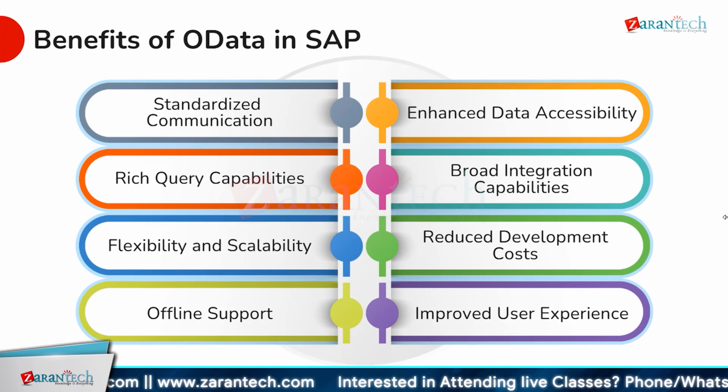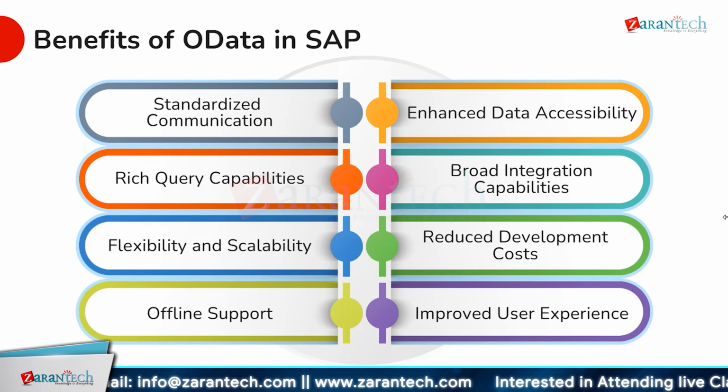Imagine a system where data is easily accessible, standardized, and flexible. That's exactly what OData offers. OData is all about standardized communication, ensuring that different systems can communicate effortlessly. With enhanced data accessibility, users can retrieve and update information across platforms without complications. Its rich query capabilities allow users to fetch data in a structured, efficient way, making complex queries easy to manage.